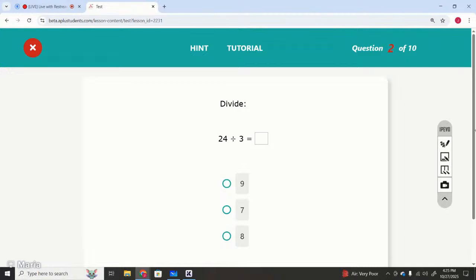Three times 8 is 24. You need to count a table of 3 until 24. So 3 times 8 is 24.